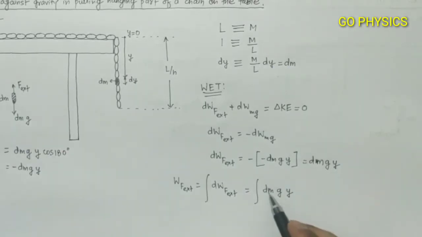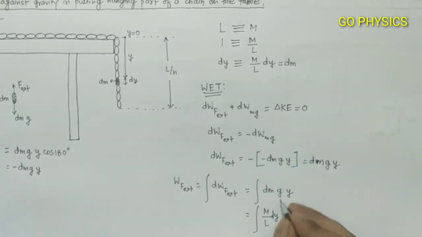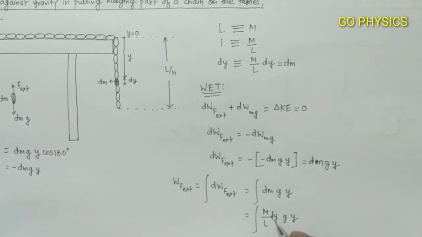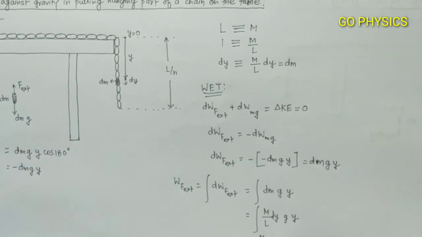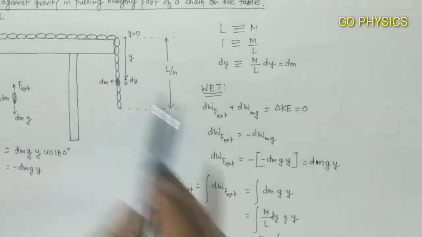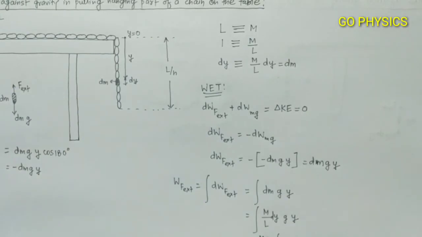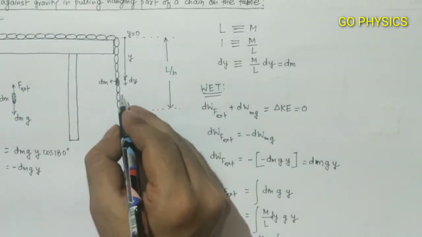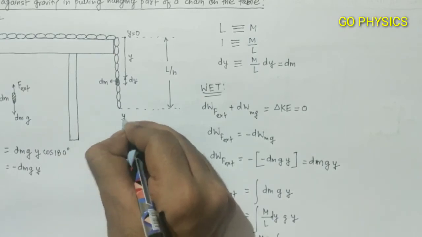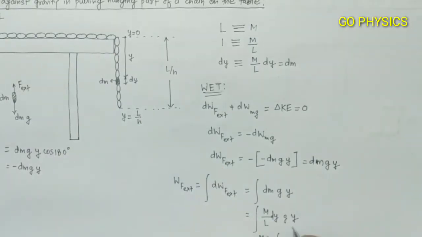Now we will substitute the dm value from here, so it will become M by L into dy, g, into y. Now we will take the constant terms outside the integration, so M g by L, and this is our y into dy, and the limit of y is from y equal to 0 to y equal to L by N. This end is at a distance of y equal to L by N.